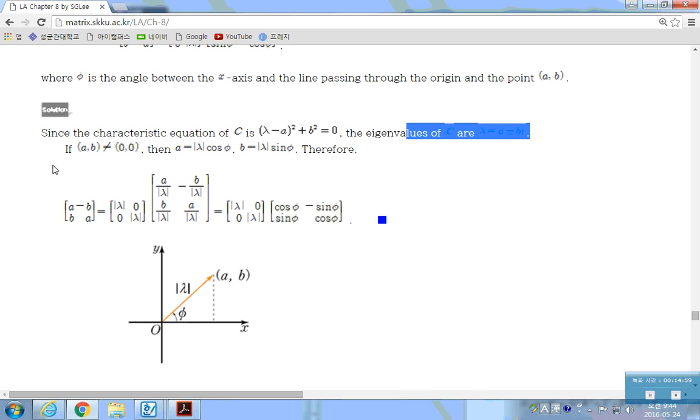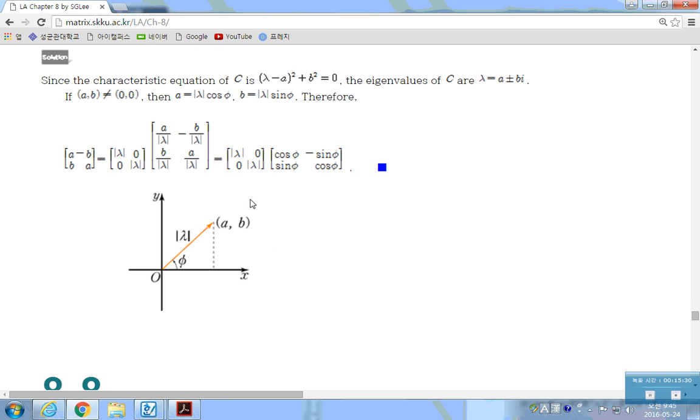If A, B are not both 0, then A can be written in this way and B can be written in this way. So this can be easily seen as a product of these two matrices, which can be written here, like this.